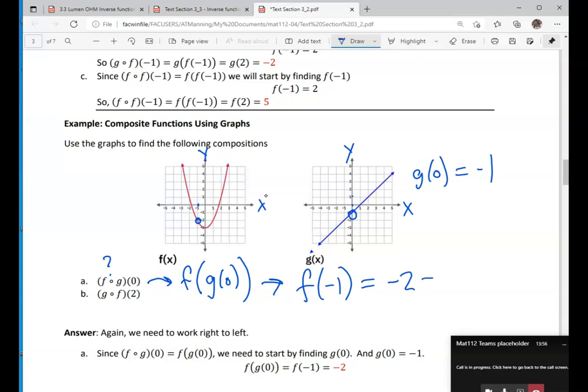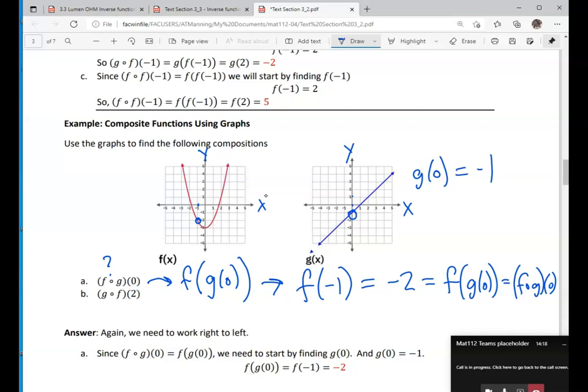So therefore, f of g of 0 is equal to f circle composite g of 0. So let's do one more, just for a little practice on using graphs to find it.